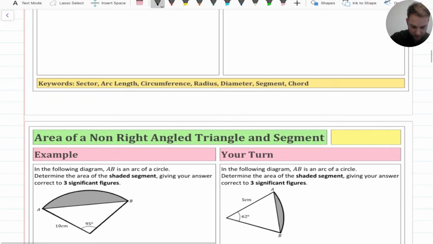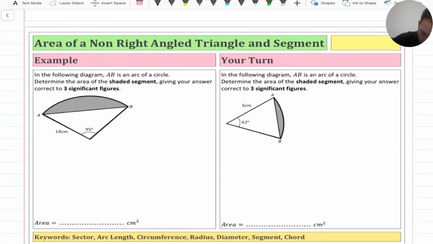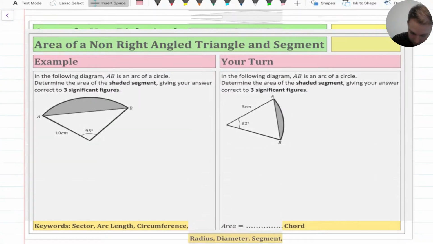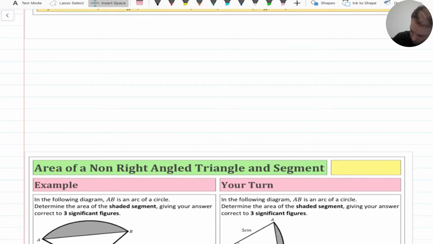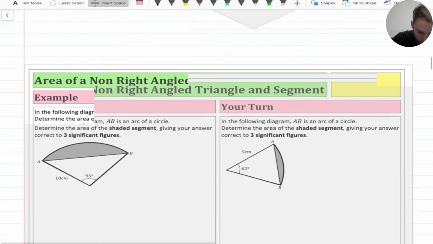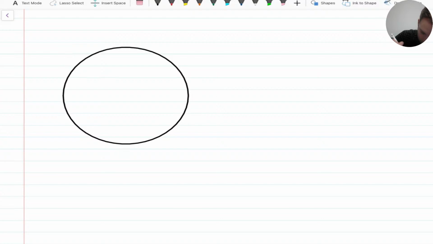And we're going to move on to a segment. Now, first of all, let's just draw what a segment looks like. So if I've got a circle here, a segment is this part here.